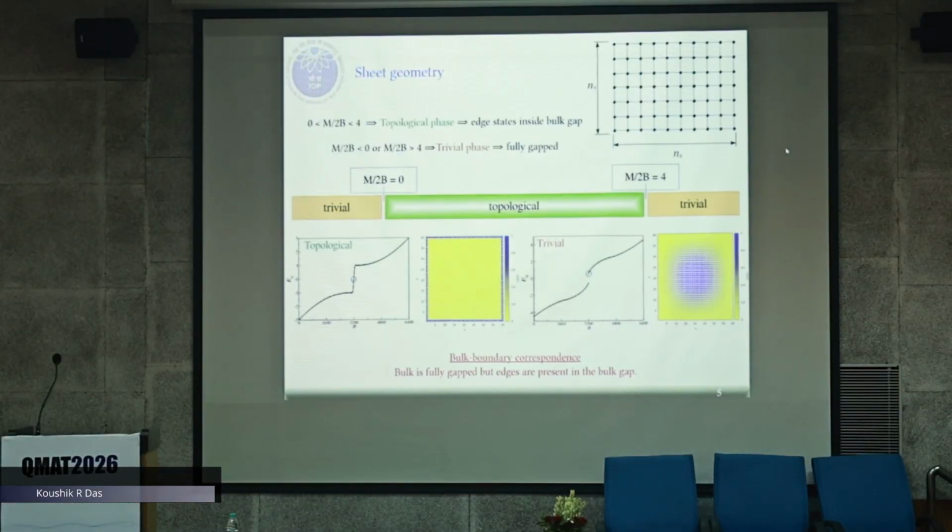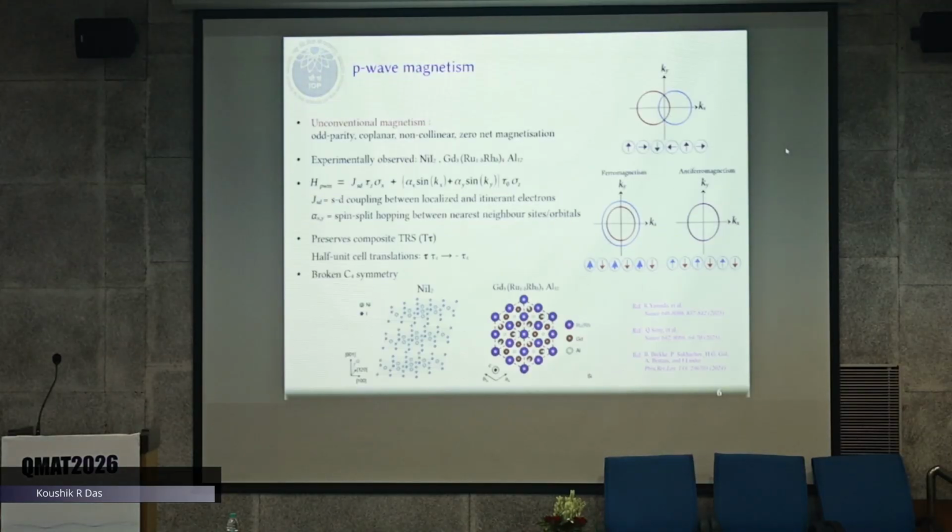So, let us change gear and see what P-wave magnets are, that we are interested in. They are an unconventional class of magnetism which are odd under parity in momentum space, and they are collinear, non-collinear, coplanar, and exhibit zero net magnetization, as you can see from this schematic shown here. So they differ from the conventional classes of magnetism like ferromagnetism and antiferromagnetism.